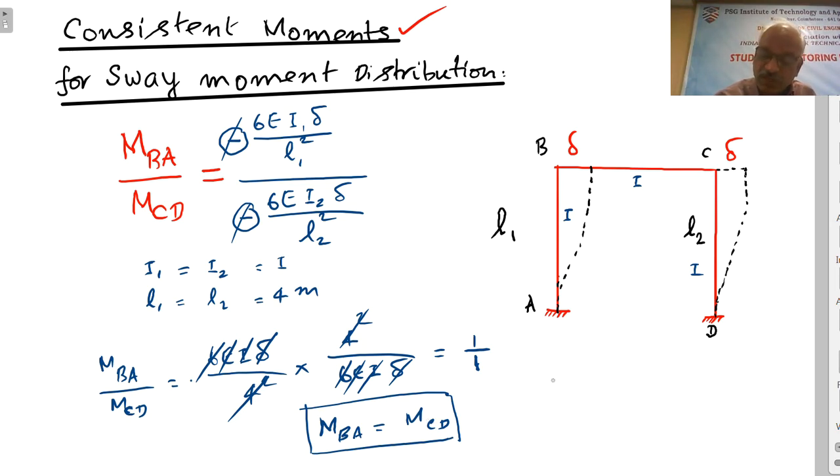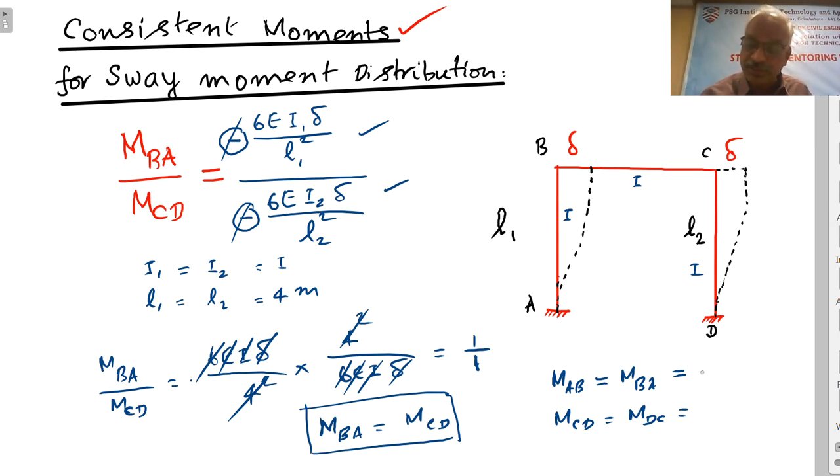So we have to assume moments for MAB equal to MBA, because A is a fixed end. Then MCD and MDC both are same, because far ends are fixed. Both will be minus 6EI delta by L square. We are using that ratio only.